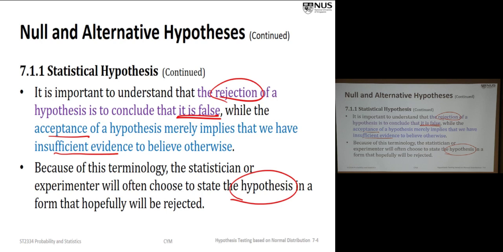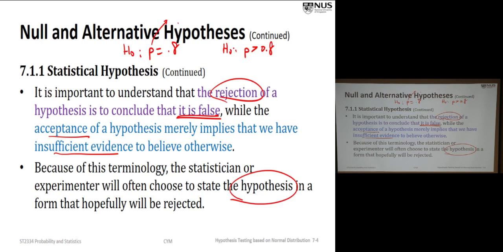We want to reject this statement. What I'm trying to say is that for my new drug, P is the proportion of recovery for the new drug. I believe the new drug should have a better probability, better chance of recovery.